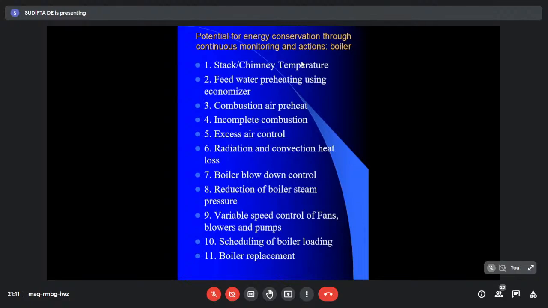Hence, control of boiler blowdown must be optimized for removal of impurities and simultaneously not losing much heat.